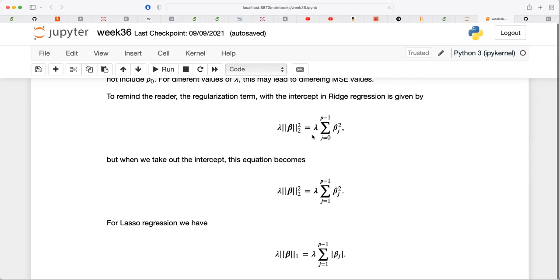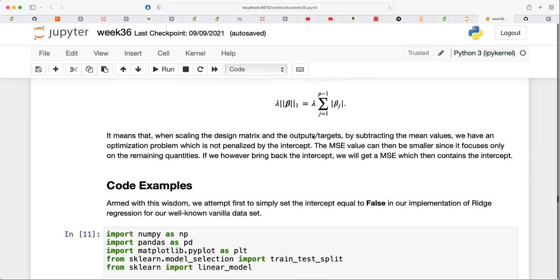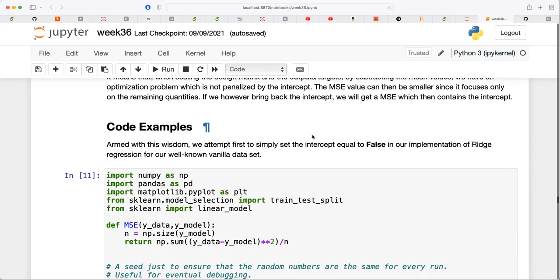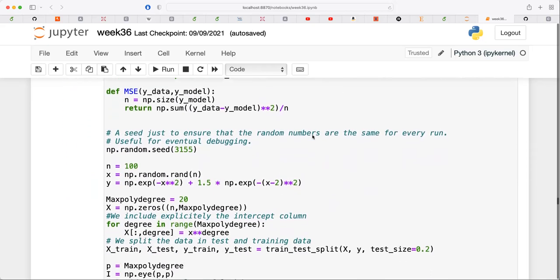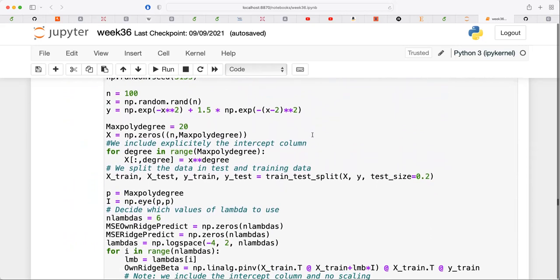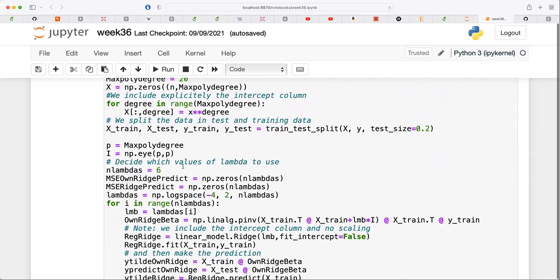And in the examples which you see here, you will actually see that in more detail. So in the code examples which you have here, there is an example where we do everything. So we have a polynomial of degree 20, and we have specific values of lambda, and this is what you actually will end up doing in project 1 as well. You will run through a set of values lambda.